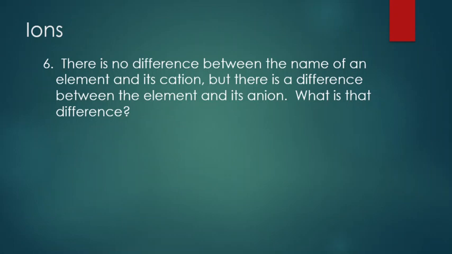Why? Because in a traditional marriage, who always changed their name? The females. That's right. So the anion is going to change her name to make it end in IDE.